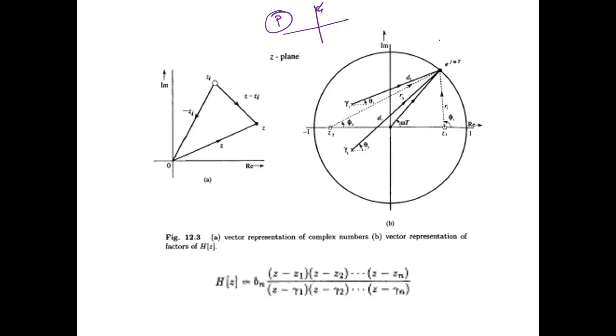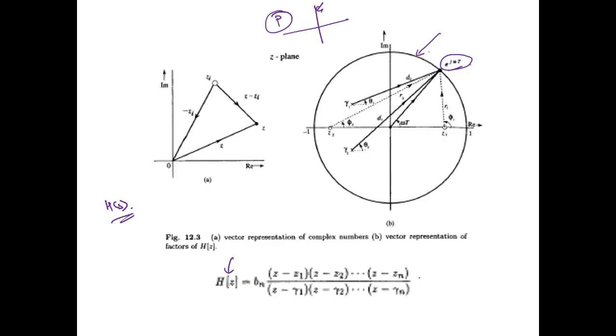Herein, this point should be on the unit circle. Rest of the derivations are the same. Over there we were dealing with H(s) because we were in the S plane. Here, that H(s) will be H(z) because we are dealing in the digital domain or the Z plane.